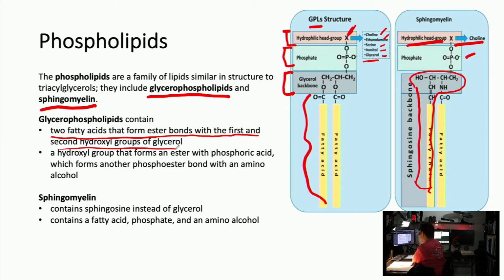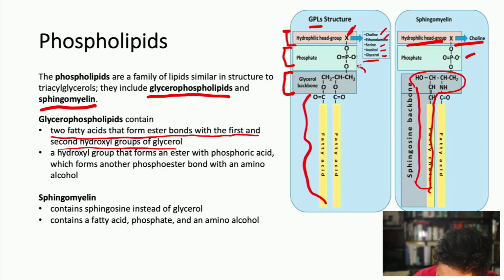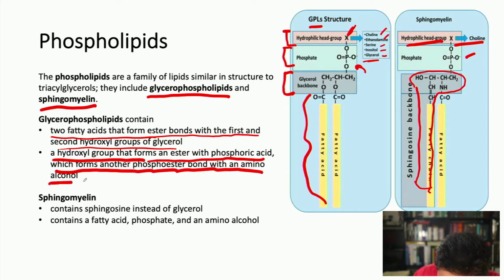Very similar to the triacylglycerols, because in a triacylglycerol you wouldn't have the phosphate group right here. You would just have another fatty acid coming down from the glycerol. The third hydroxyl group forms an ester with the phosphoric acid, which forms another phosphodiester bond with an amino alcohol, which is right here.